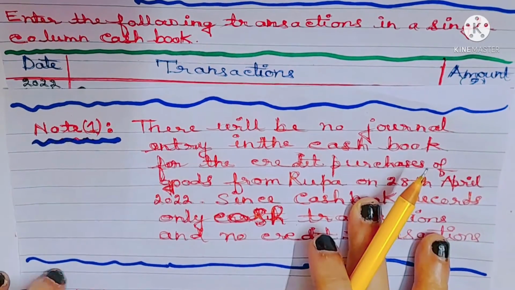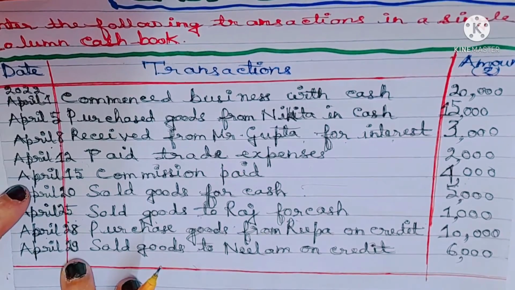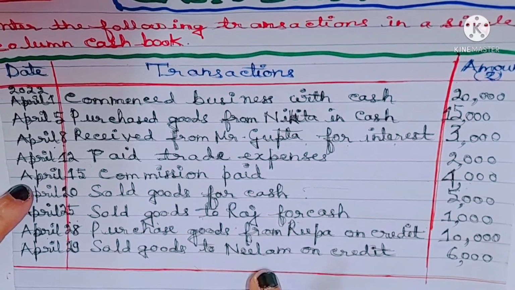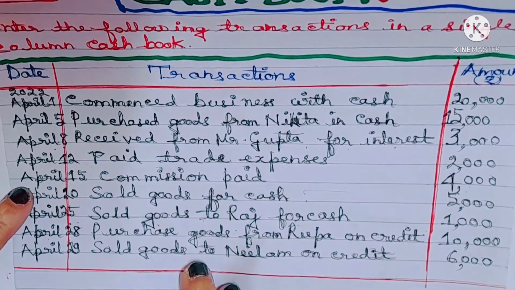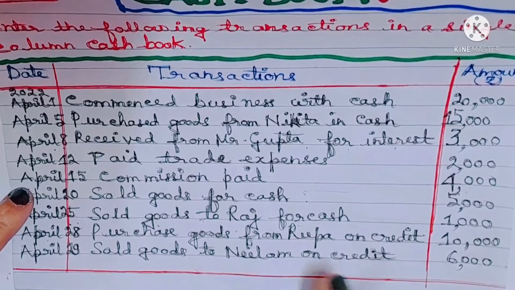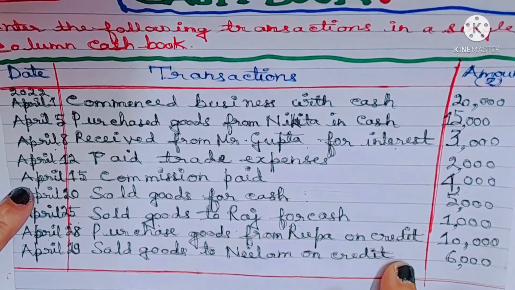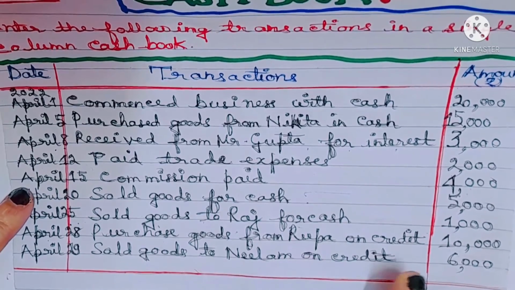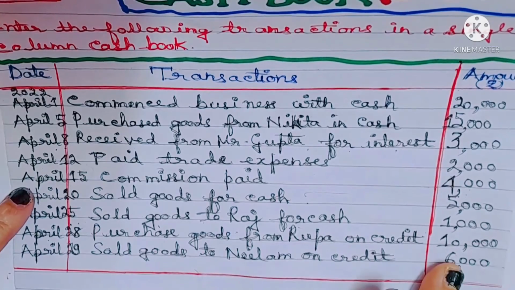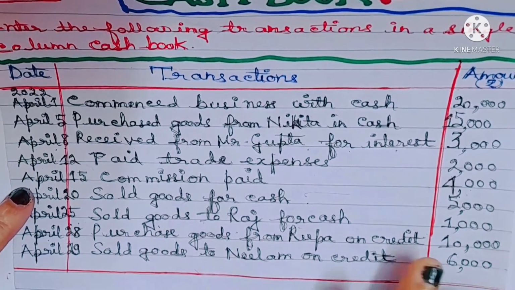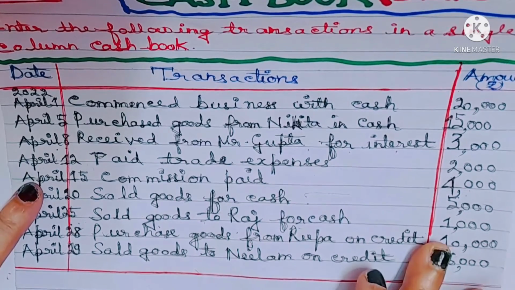Understood? So let's see the last transaction. The last transaction is on 29th April, sold goods to Neelam on credit 6,000. There will be no journal entry in the cash book for this transaction also. Since cash book does not record any credit transactions, be it a purchase or sale. Cash book only records cash transactions.